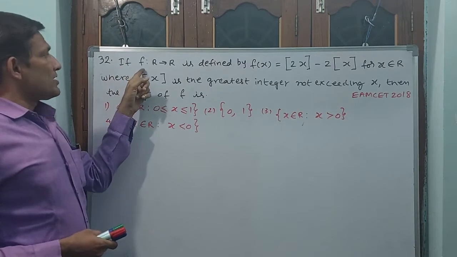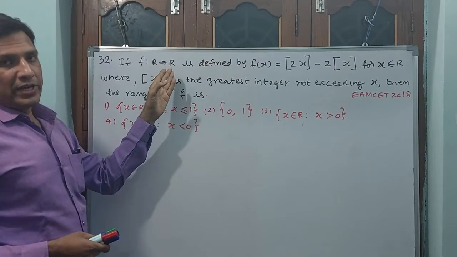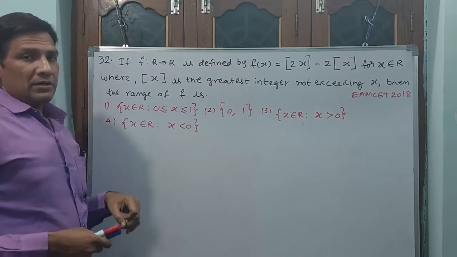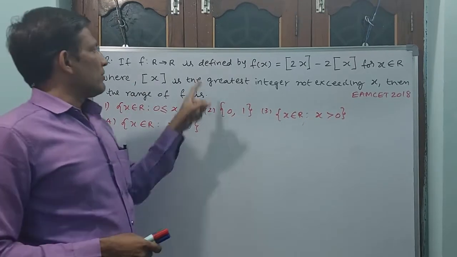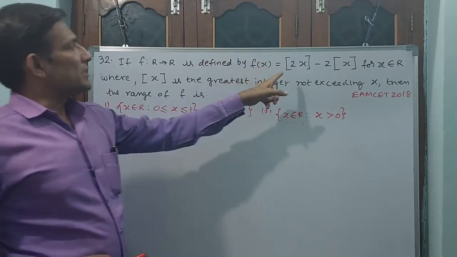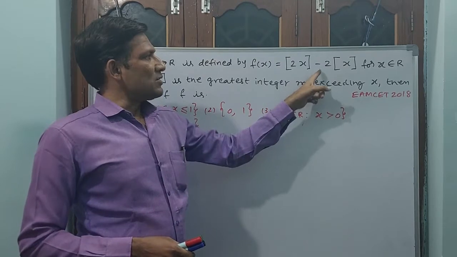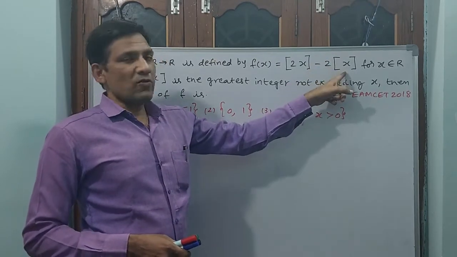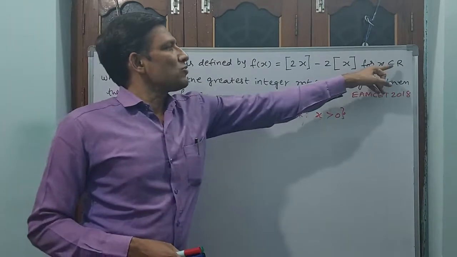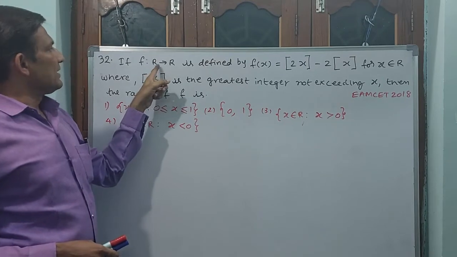If a function from R to R, that means the set of real numbers to the set of real numbers, the domain is real numbers and the codomain is also real numbers, is defined by f of x is equal to the greatest integer of 2x minus 2 times the greatest integer of x, for x belongs to R. We need not write this again, because the input domain is already mentioned.